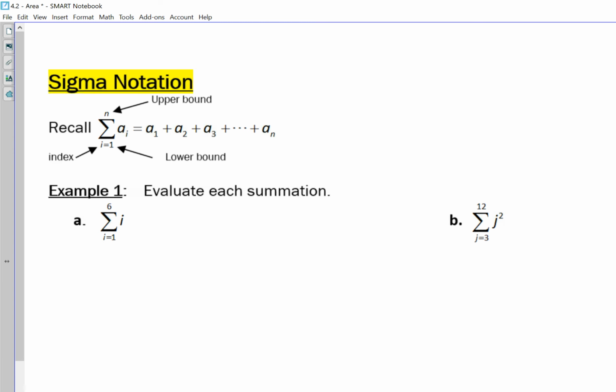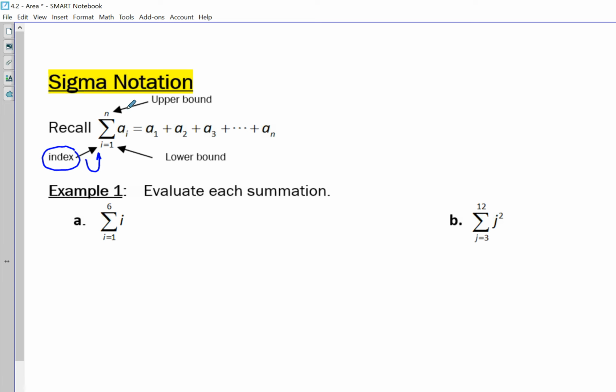Our first example just gives a very quick formula, if you will, for the summation of a subscript i. You'll notice that I've got the various portions of this summation expression identified. I've got the index, which is typically the letter i, sometimes j, sometimes k is used, but that's always going to appear at the bottom of the summation symbol.